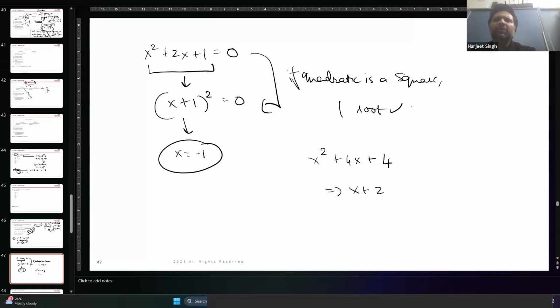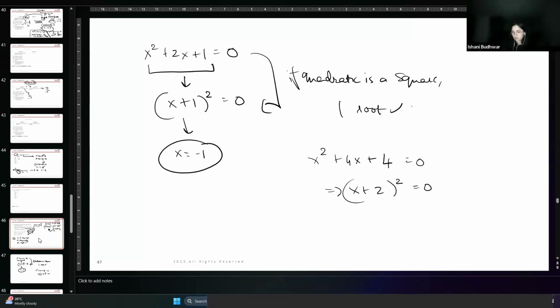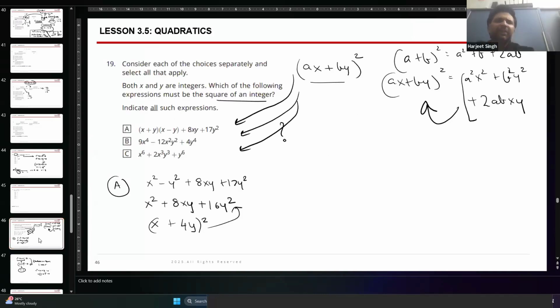X plus 2 whole square. So the previous question is exactly asking that, but in a generalized format, ax plus by whole square. So can I say the first choice, we are getting a square, so that is the right choice.